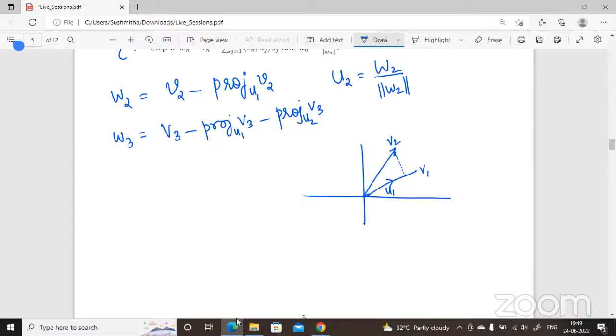Now I want to construct a vector which is perpendicular to this vector, right? So that's going to be something like this. Let's assume it's this. Now this is perpendicular to this, because that's the definition of projection.